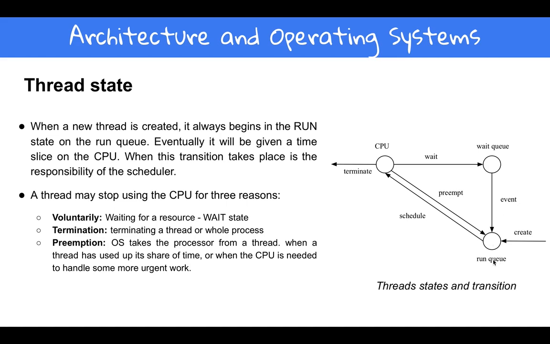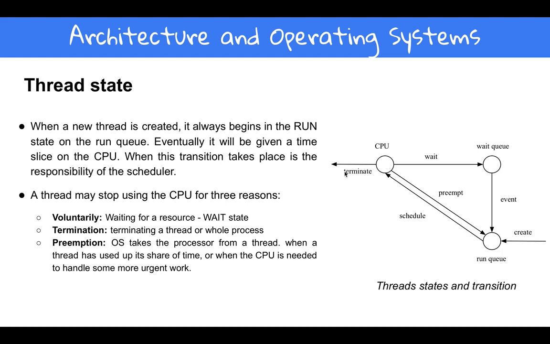For example, a thread comes for printing, but because it has to wait for an event to occur, it goes to the wait queue, and as soon as that event occurs, it goes to run again and to the CPU to be executed. Another is termination. For example, when you want to forcibly stop a process, you terminate it.